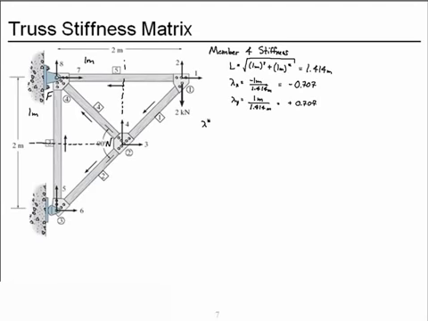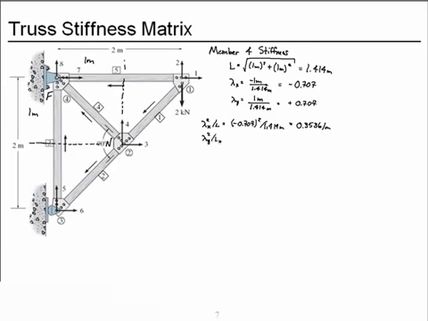So lambda x squared divided by L will be a negative 0.707 squared divided by the 1.414 meters, which equals a positive 0.3536 per meter.